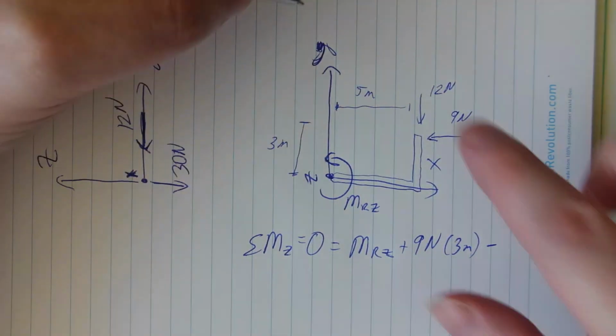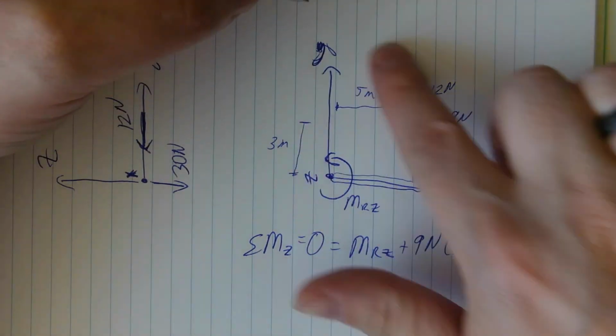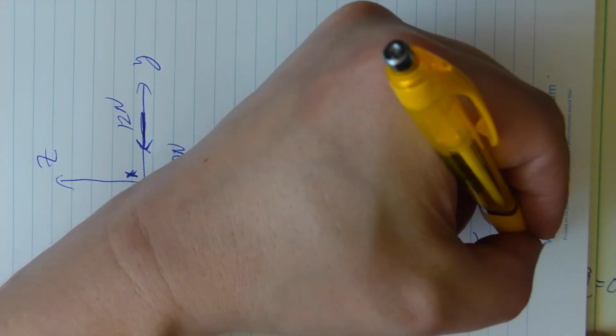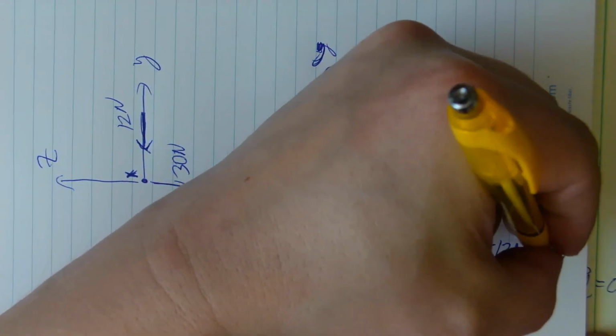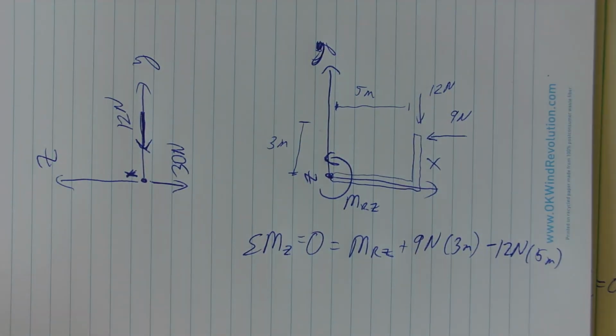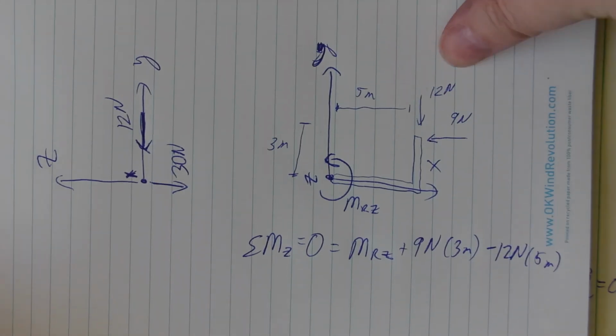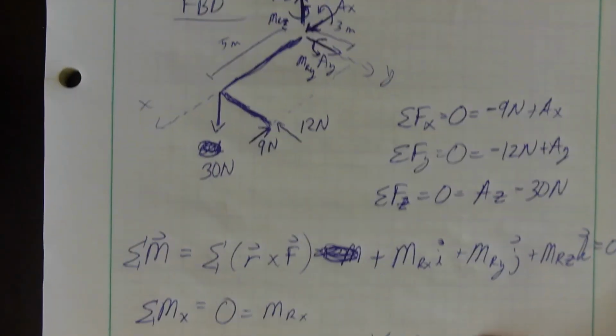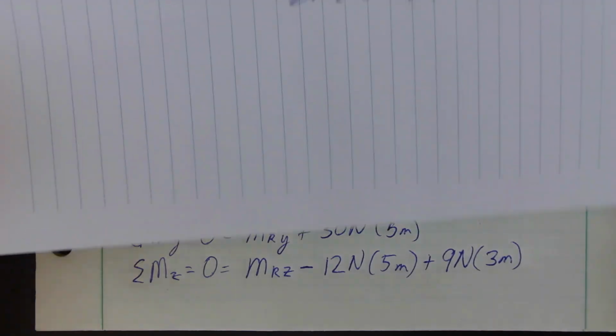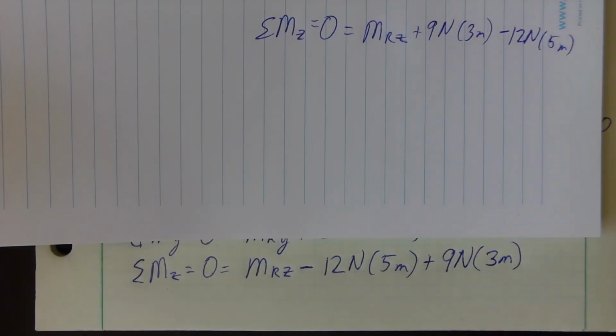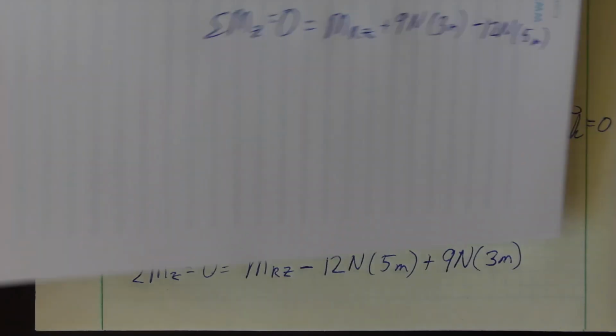And then this is minus, because this is causing a clockwise rotation, 12 newtons. This is minus 12 newtons acting at a distance of 5 meters, which I think is what we've got right here. Yep, sure enough. I was hoping I did that right.